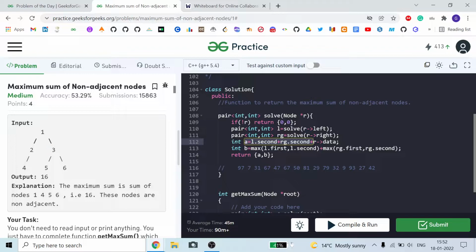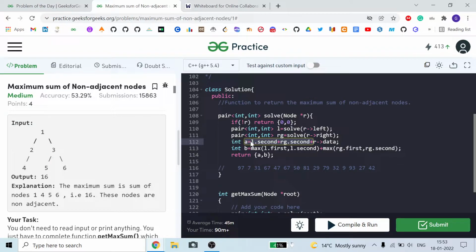And in the second part, a dot second includes the maximum sum till 2 which does not include 2. It means the maximum sum of all the branches of the 2, but not including 2 in our answer. Similarly, the second part of this 3 means the maximum sum of its children, which don't include 3 in the answer.